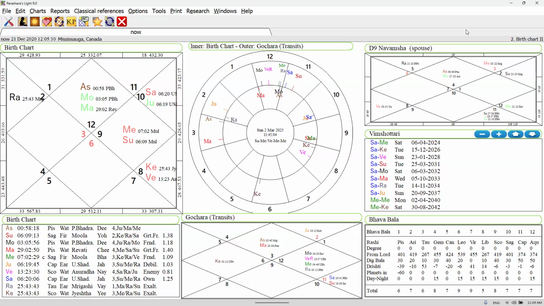And that sign is, say, per se, 10 degree, 15 degree, whatever it is. That is the degree at the time that you were born.